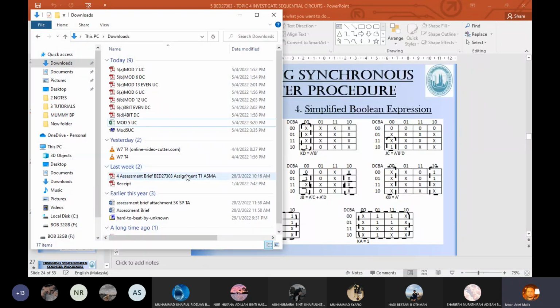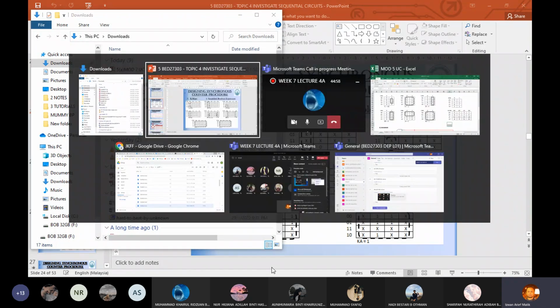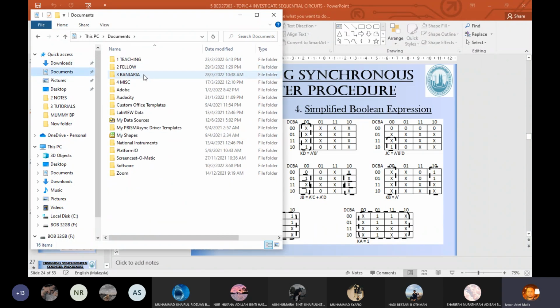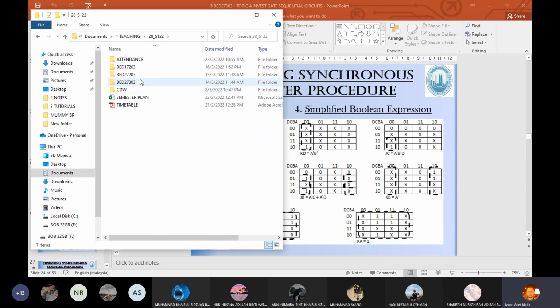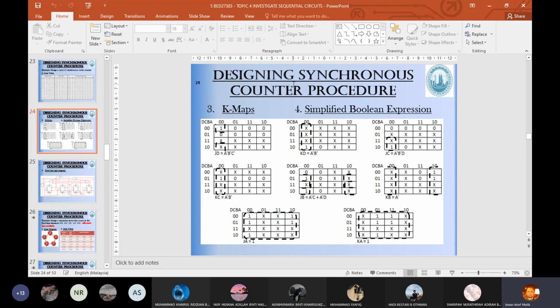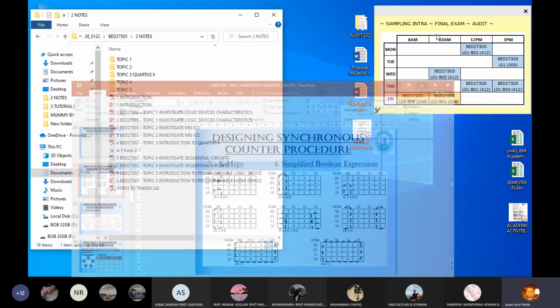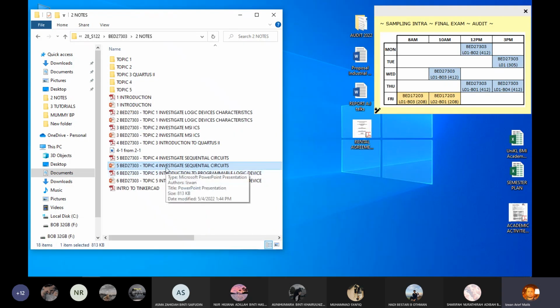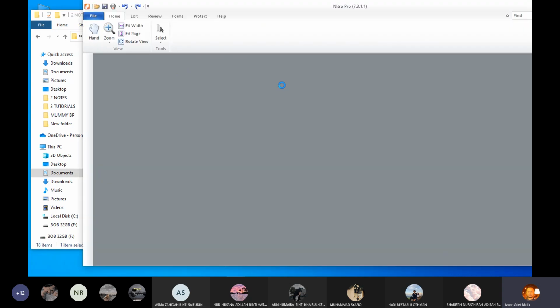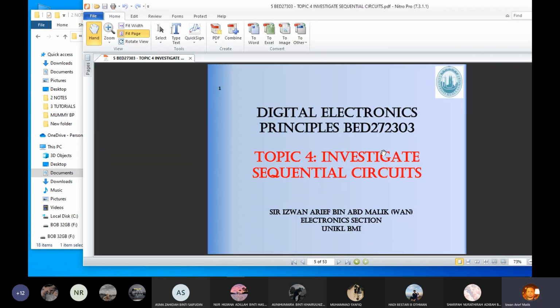Let me open the notes. Okay, so ada error sikit.